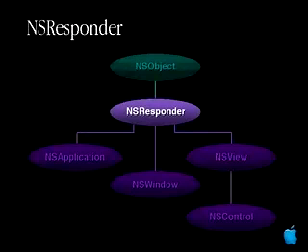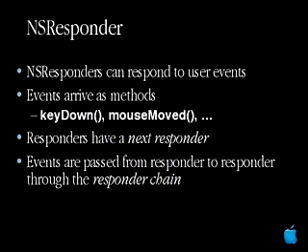Most of the classes inside the kit inherit from NSResponder in one way or another. NSResponder provides all the infrastructure necessary to respond to user events. And they're going to arrive to the subclasses as methods conveniently named to explain what kind of event is coming in. So you have a keyDown method and a mouseMoved method and so on.